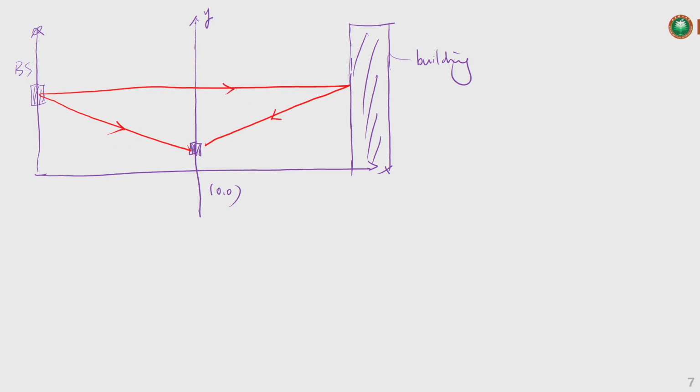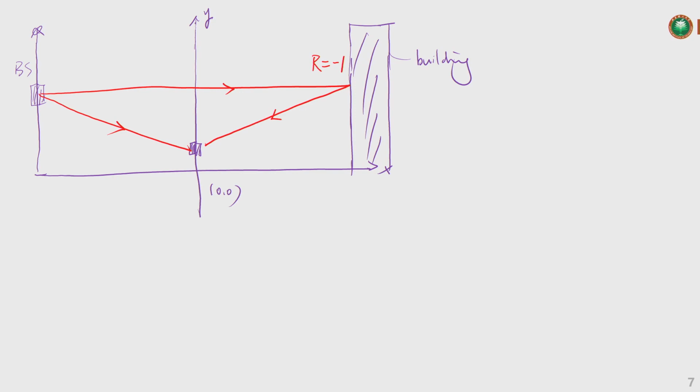And here we assume the reflectivity due to the building, for simplification, equals 1. That's amplitude. The reflection is total reflection. And due to the reflection, there is a phase change of 180 degrees, so it becomes -1.